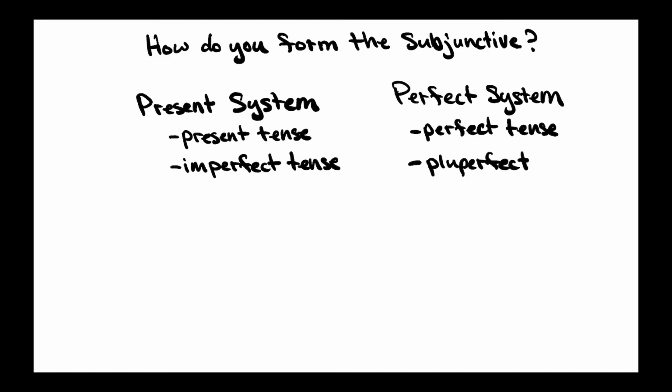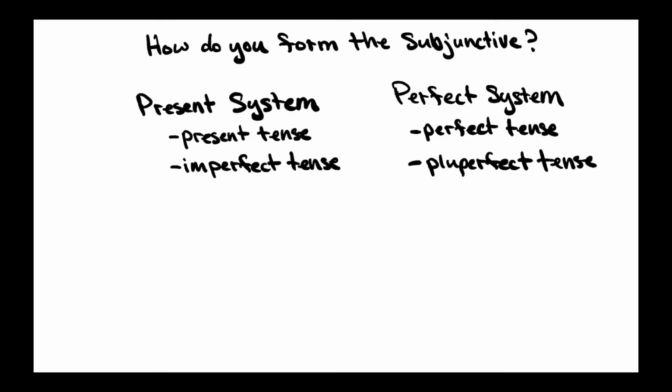Again, the future is absent here. And knowing that the present tense and the imperfect tense are both part of the present system, as well as knowing that the perfect tense and the pluperfect tense are part of the perfect system, is really important, not only for morphology, how you put the verbs together, but also when it comes to translation in the next section after this.